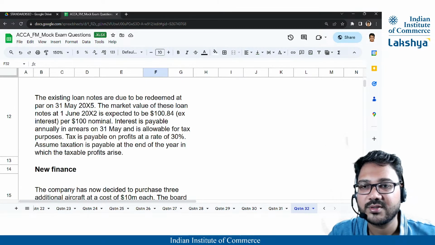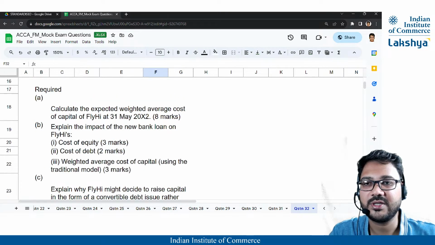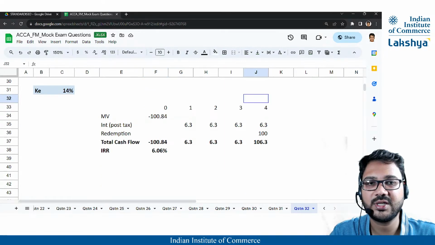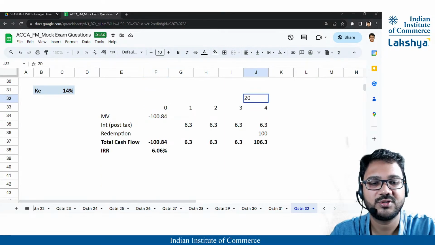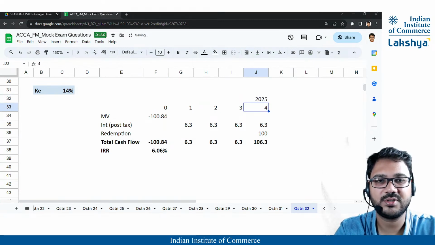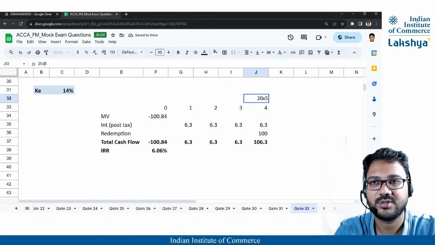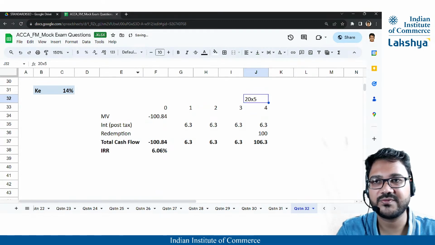Wait, the existing loan, the market value, interest is payable at 31st May 20x5. So redemption is done at 20x5. So in 20x5, the redemption is being made.